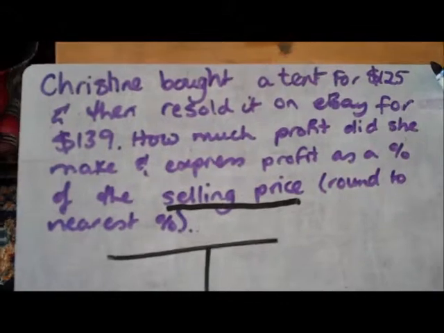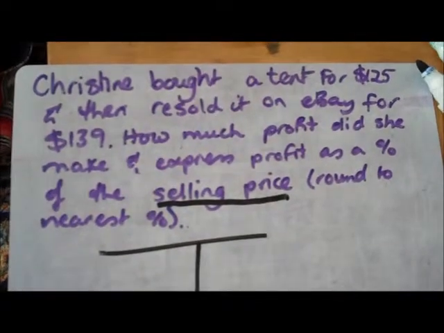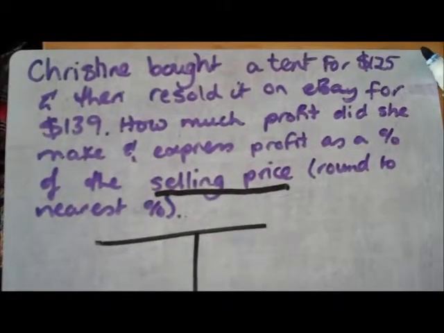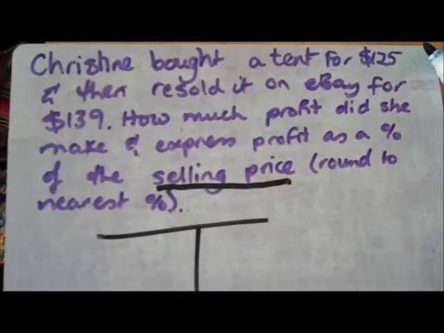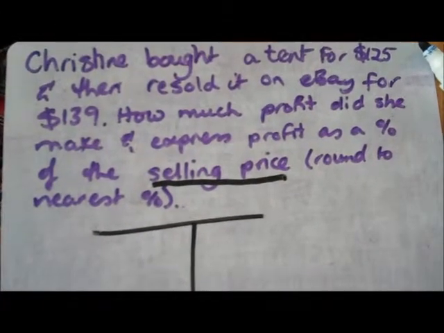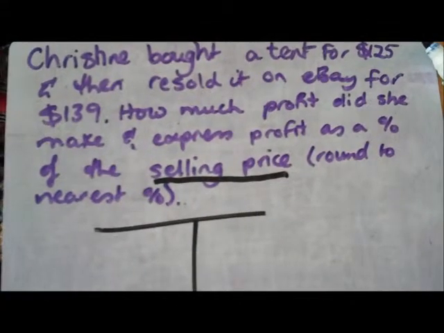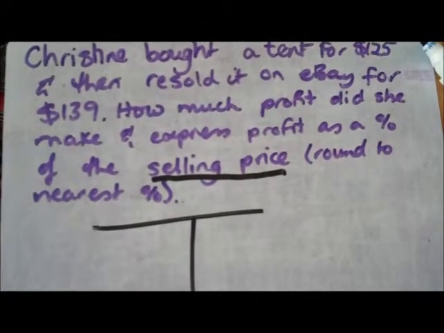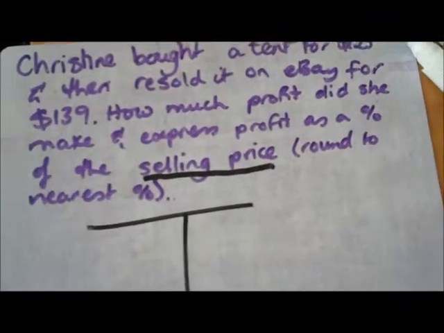So here's one where we're looking at buying a tent for $125 and then reselling it on eBay for $139. How much profit did this person make, and expressing this profit as a percentage of the selling price, rounded to the nearest percentage.